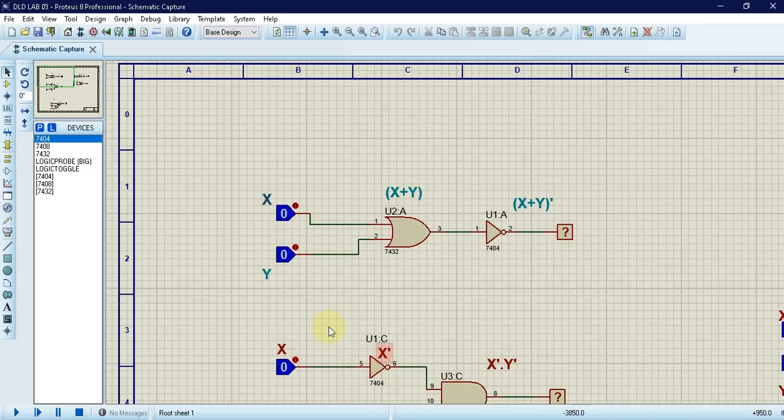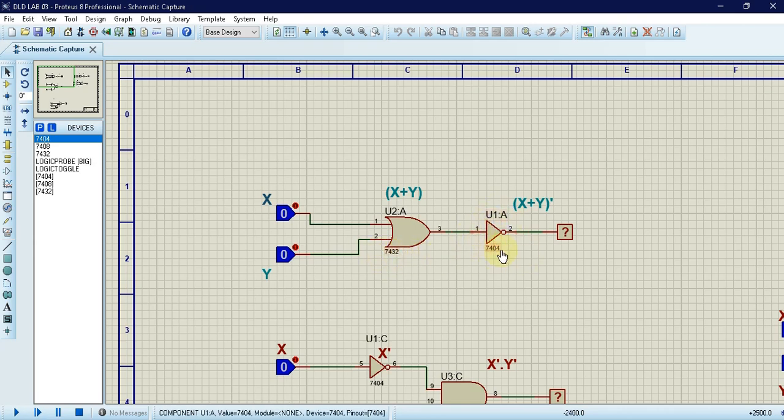Here we can see two inputs generated by logic toggles, which give 1 and 0 as the Boolean values, and this is an OR gate whose library in Proteus is 7432. The IC name of the OR gate is 7432.